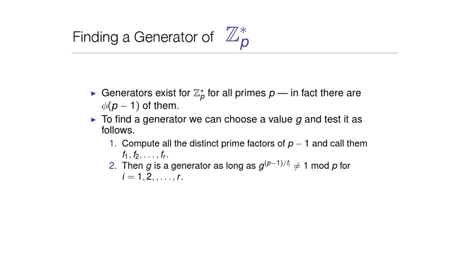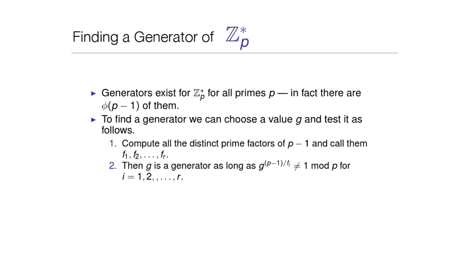Generators exist for Zp for all primes p. In fact, there are phi of p minus 1 of them. This is the number of generators we can find in the group Zp. Zp star means that this is a multiplicative group, so all the elements of this group are generated by the multiplication operation.